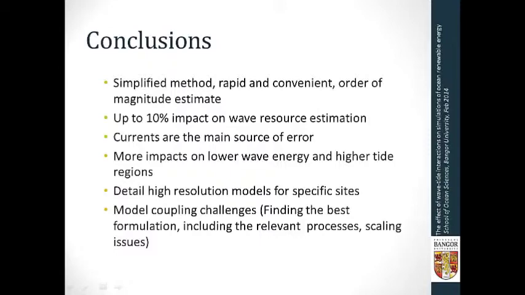The currents are the main source of error if you ignore them in wave resource assessment, and the impact would be higher in places where you have lower wave energy. And finally, you need a high resolution coupled model for a specific region to quantify this effect. Thank you.